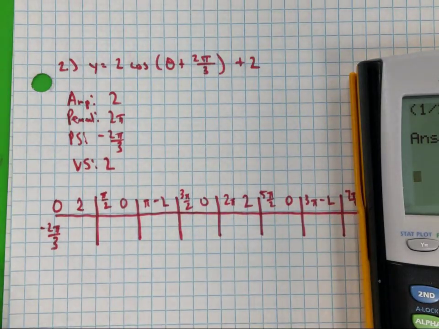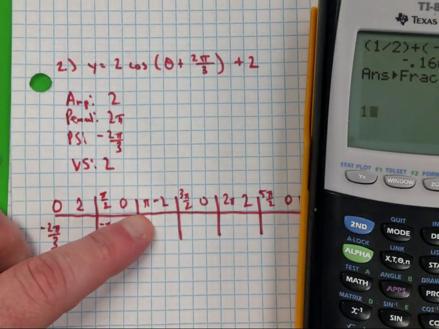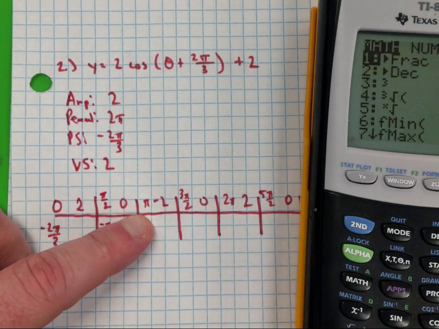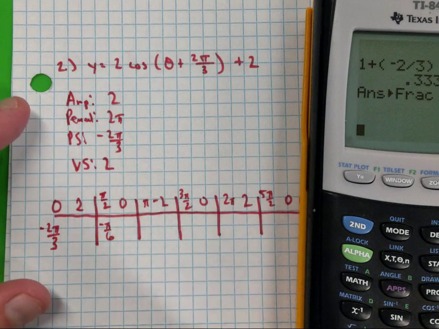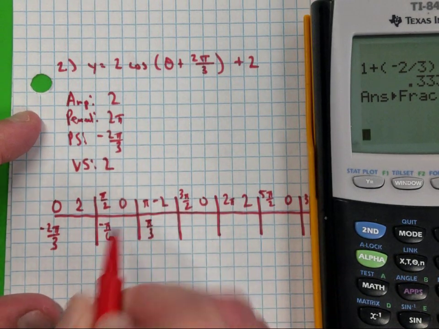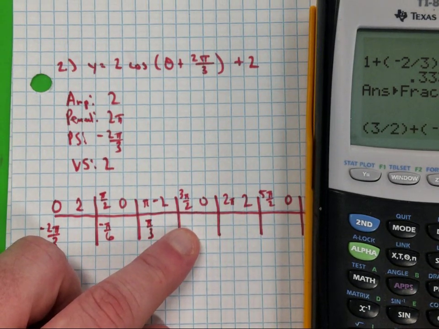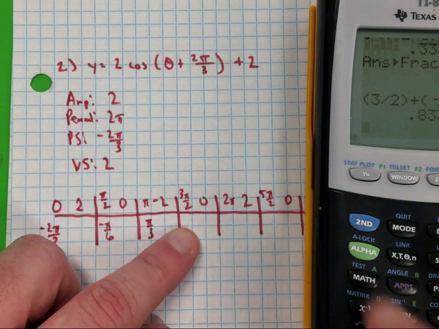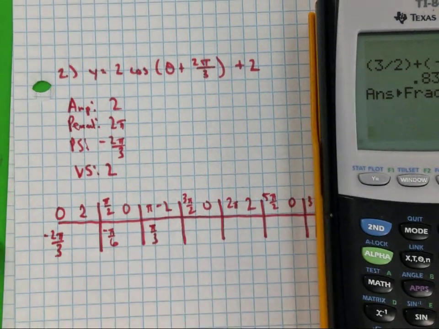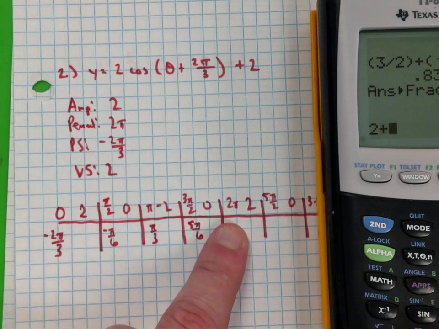So I would put negative pi over 6, very good. Here, 1 plus negative 2/3 gives me pi over 3. Pi over 6, then you just keep going.